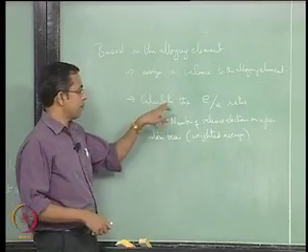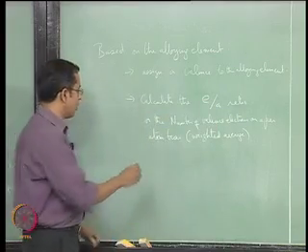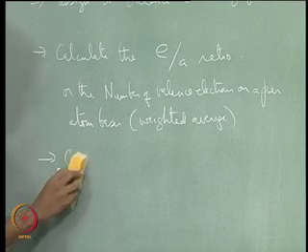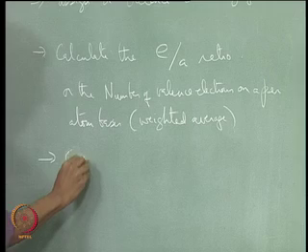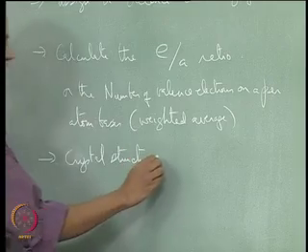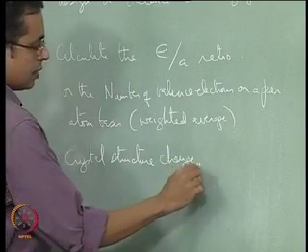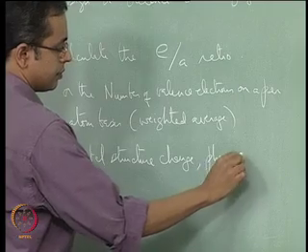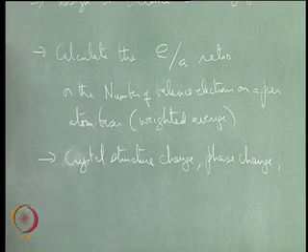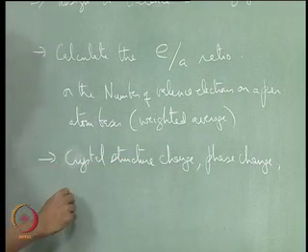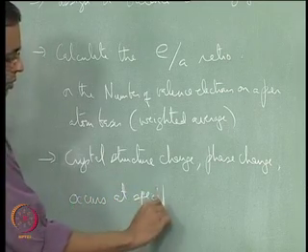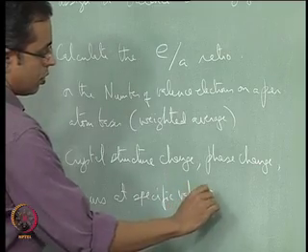But with respect to E by A ratio, we find that the crystal structure change, and therefore the phase change, because the crystal structure is part of the definition of a phase, occurs at specific values of E by A ratio.